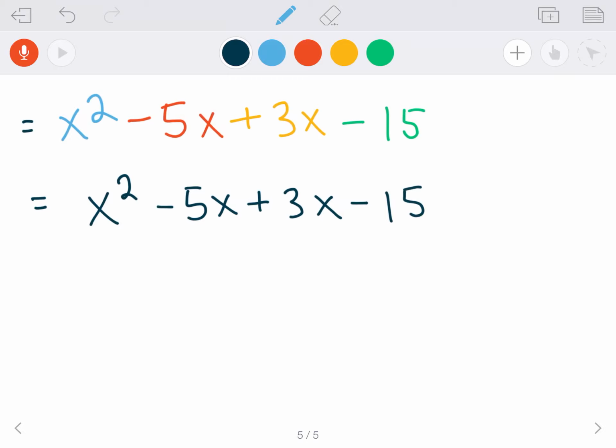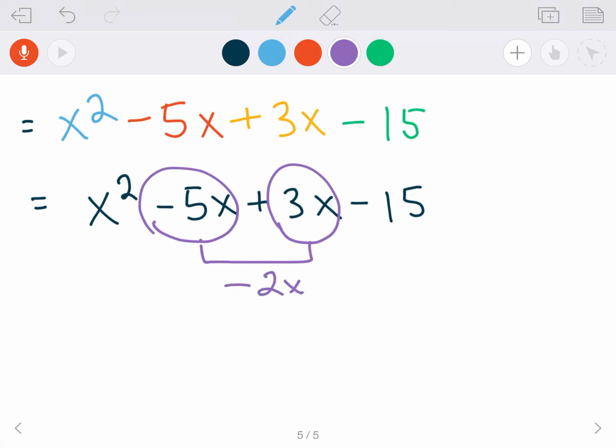So let's look for like terms. What like terms do you see? Okay, I see negative 5x and I see positive 3x. If we combine those, what do we get? That's right, negative 2x, because we have more negatives than positives.